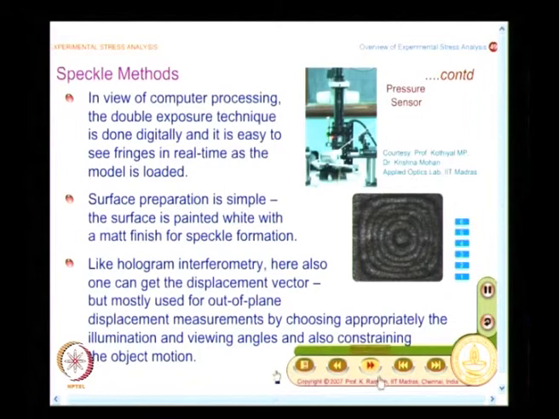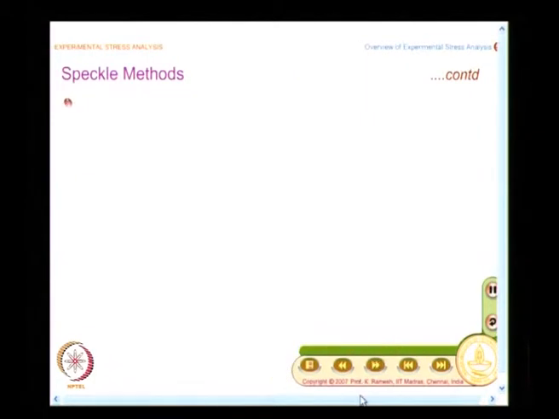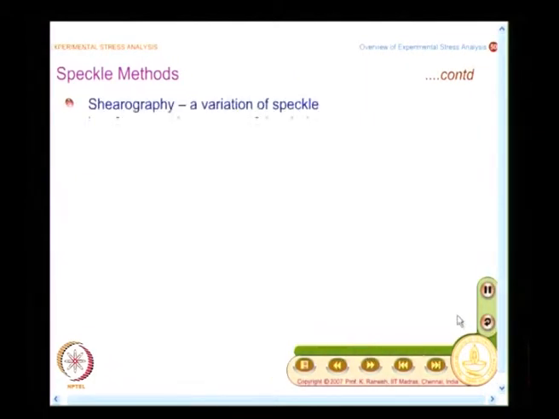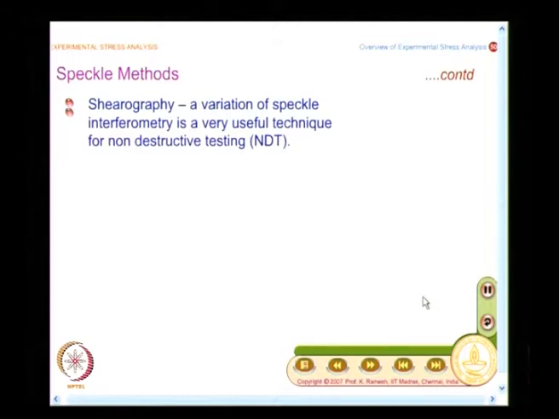And another popular version of speckle interferometry is shearography, and this is a very useful technique for non-destructive testing. In fact, for honeycomb panels, this is the very popular technique, with composites becoming very important structural materials.